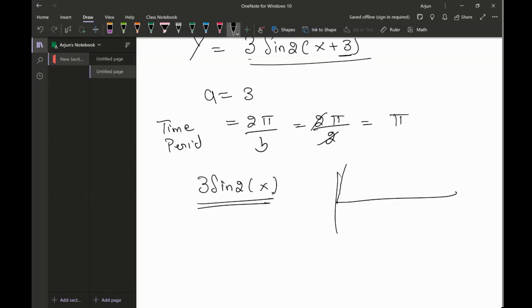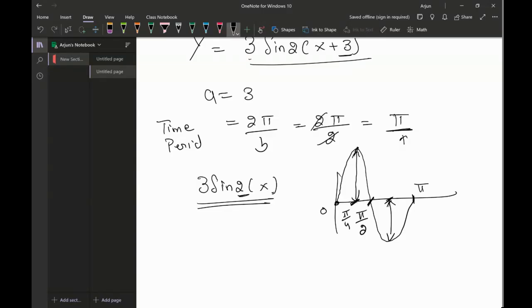So 3 means the amplitude will be bigger. This will go like this, 3. This will become 3. Earlier it was 1. And this 2 pi means now the time period has become pi. So it will start from 0, and this point will become pi, the midpoint will become pi over 2, and this point will become pi over 4.